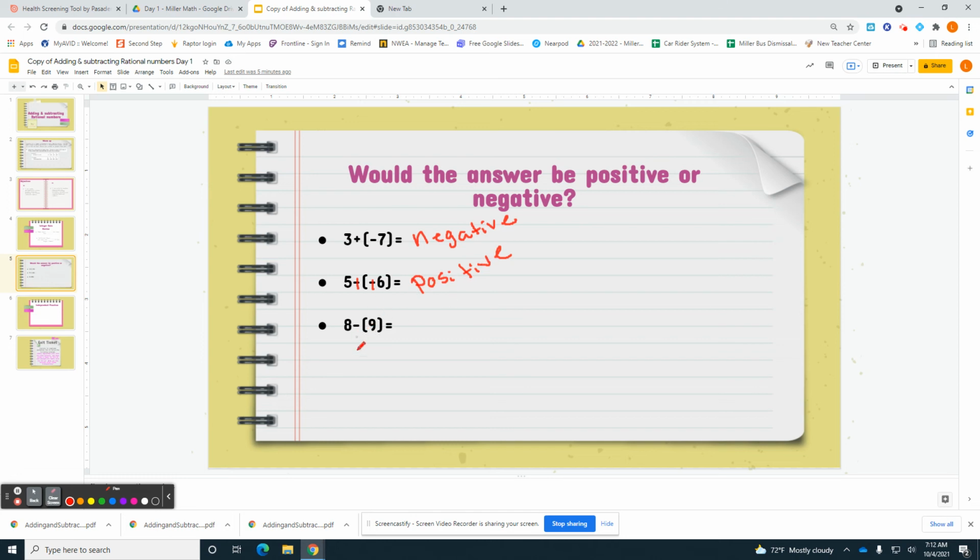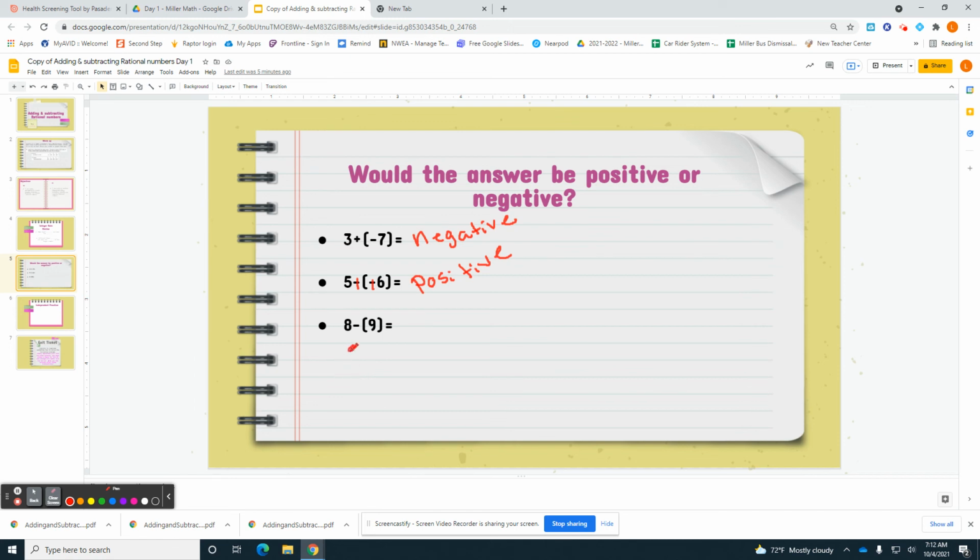So try this one. Again, it's subtraction, so you're going to do the same thing I did here. Keep the first digit, change the subtraction to addition, and change the second number to its opposite. What would it be? I'm going to give you a little bit of time.